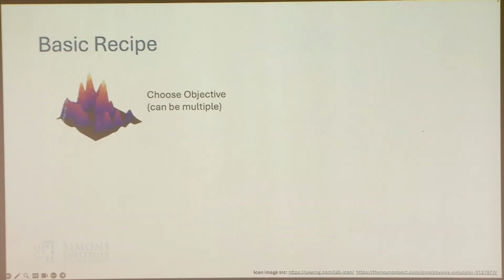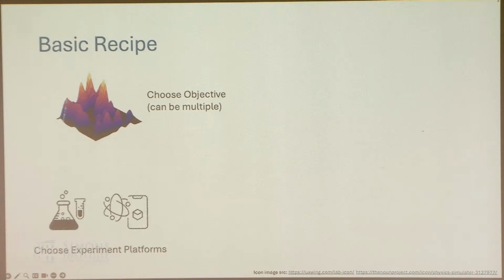And so the basic recipe, if you start to think about how to design algorithms that can automate some scoped subset of what I just described in the previous slide, is this. You choose an objective, could be more than one, that captures what you think is the most important thing you want to optimize for in this part of the scope of the project. You choose your experimental platforms, could be computational, could be wet lab, could be a combination of the two.